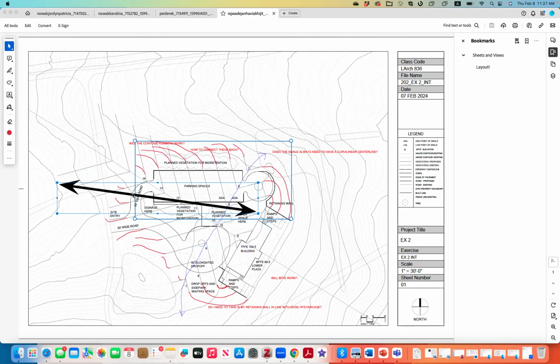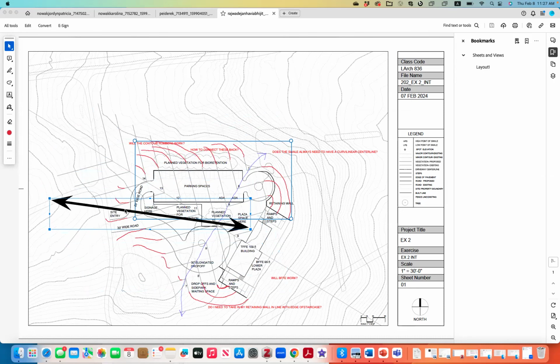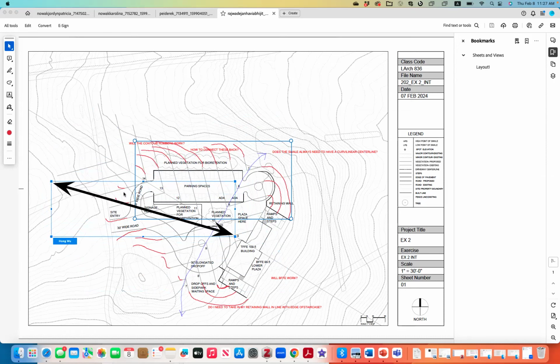Because that will make these contours too far away from where you would like them to connect. So at least your ridge line needs to align in this manner.